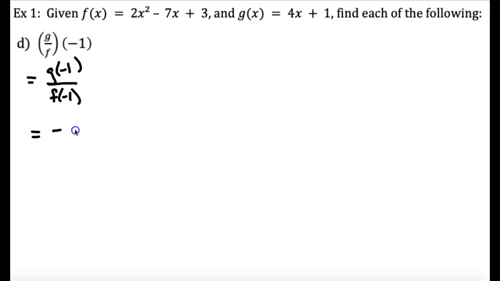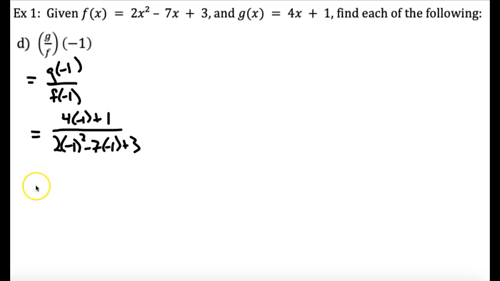So g of -1 would be 4 times -1 plus 1, and f of -1 is going to be 2 times -1 squared minus 7 times -1 plus 3.